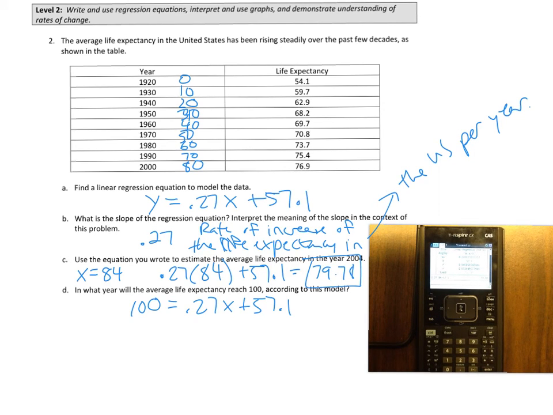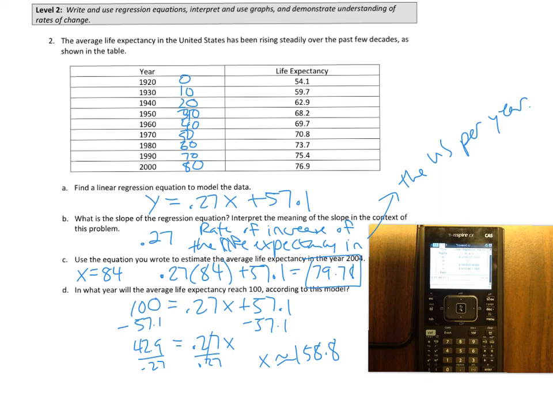So we subtract 57.1 from both sides, and we get 42.9 equals 0.27x, and divide both sides by 0.27, and we get x is approximately 158.8.